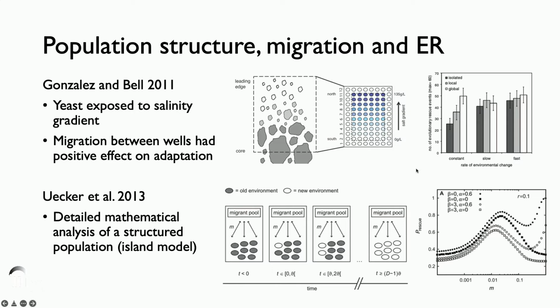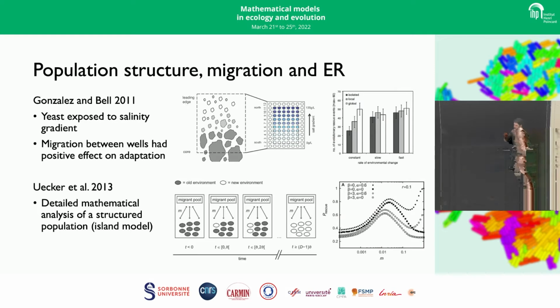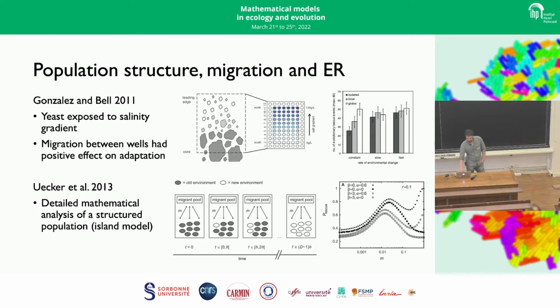And then they implemented, using some robot, migration between these wells. They tried either what they called global migration, which is just taking a sample from each well and then redistributing it evenly, or just allowing migration between nearest neighbors, which would be the stepping stone model, well, in different terms.